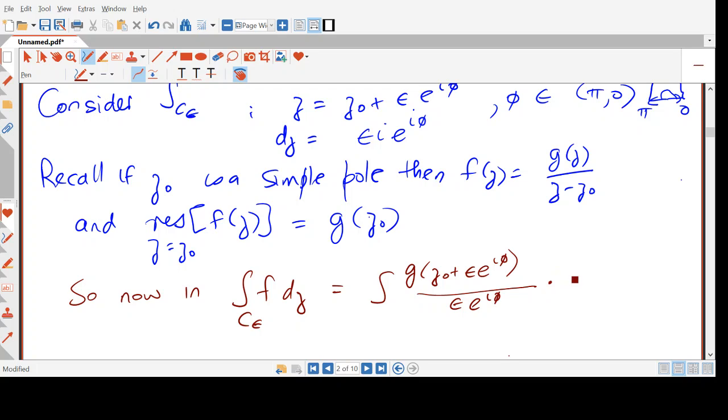What is dz? dz is epsilon i e to the i phi d phi. There's a d phi missing there.